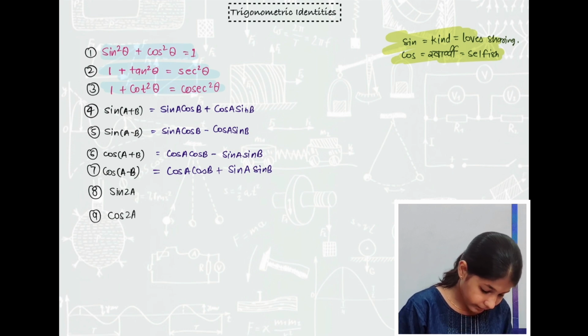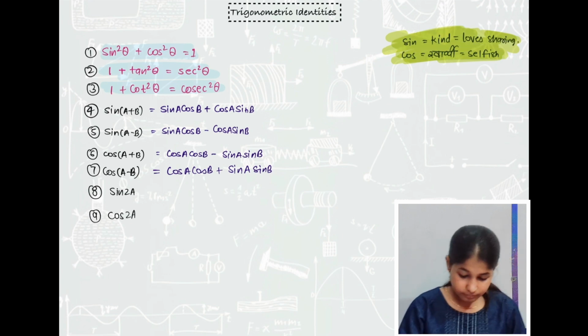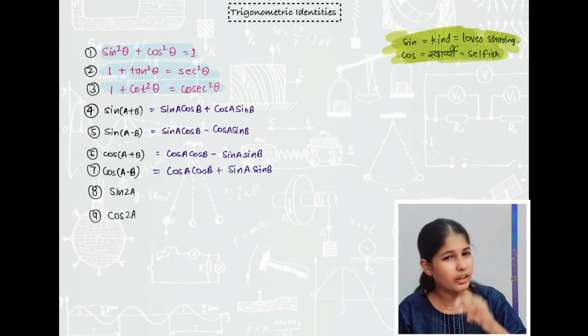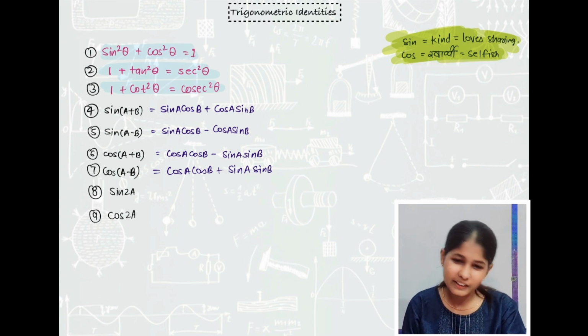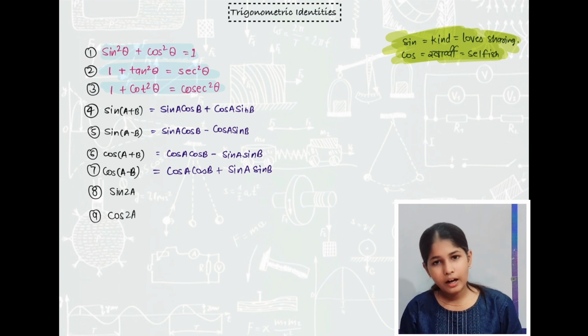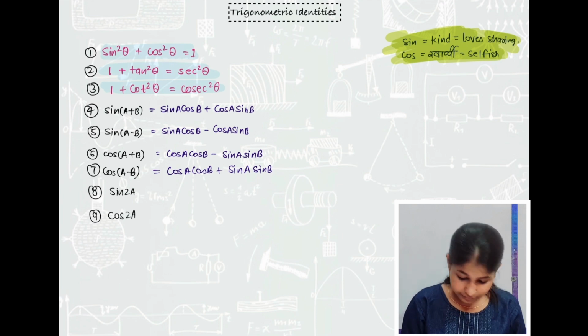Let me highlight it. And cos is a selfish person. He doesn't believe in sharing. He just says that whatever you have got, you should take it, and you don't need to give it or share it with anything.